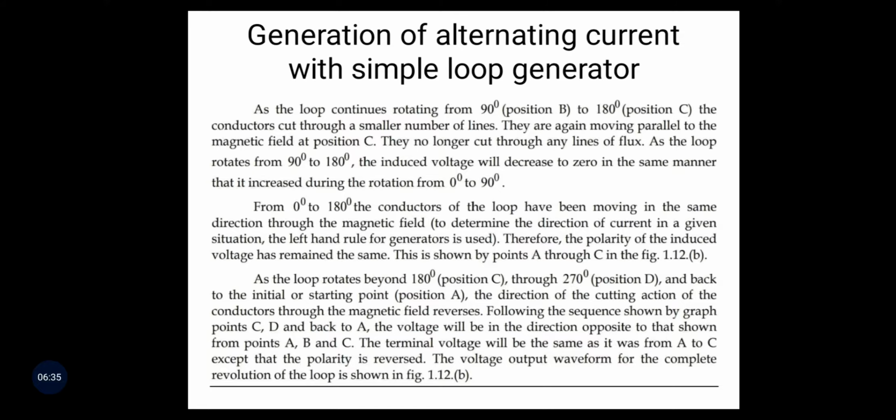As the loop continues rotating from 90 degrees position B to 180 degrees position C, the conductors cut through a smaller number of lines. When it moves from 90 to 180 degrees, the cutting of the magnetic flux is less.